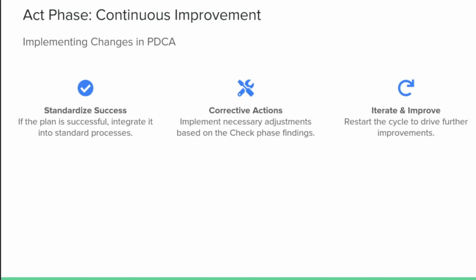Next phase is the act phase, which focuses on reinforcing successful changes and making further refinements. If the improvements have been effective, they are standardized and integrated into daily operations.